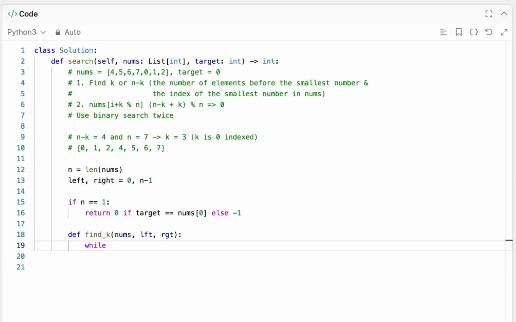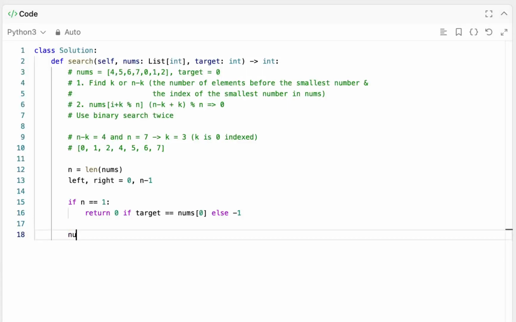So what is my condition here? Let me implement this simply first.